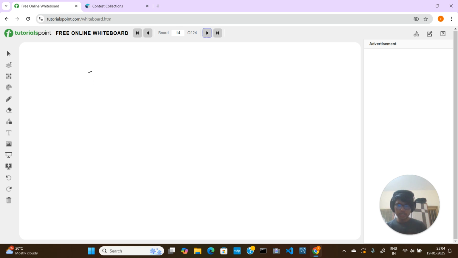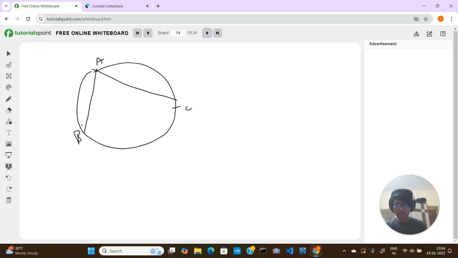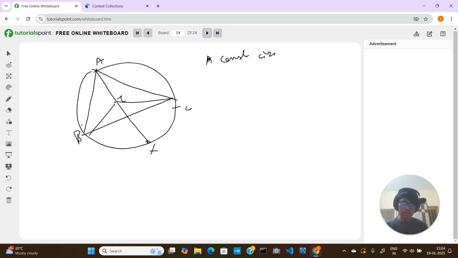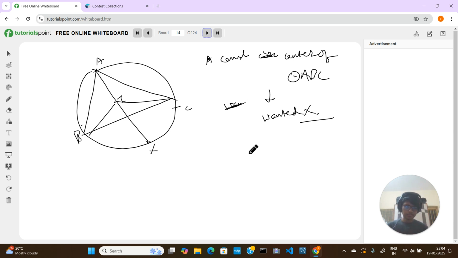So let's explore more in the diagram. A, B, C. Let's just try to see step by step. We have this angle bisector AI which meets the circle at point X. Originally, our problem was to construct the center of circle ABC, and for that we wanted X. Now we want the center of circle BIC.